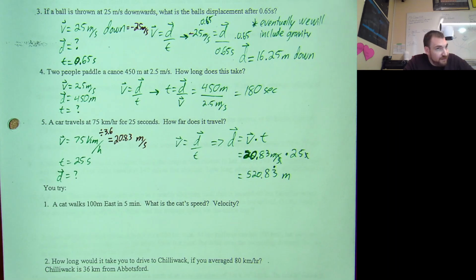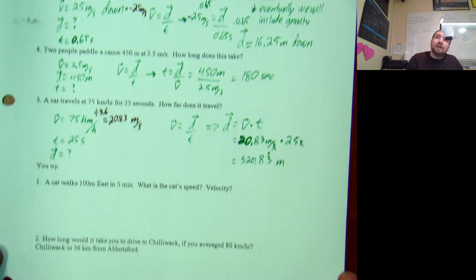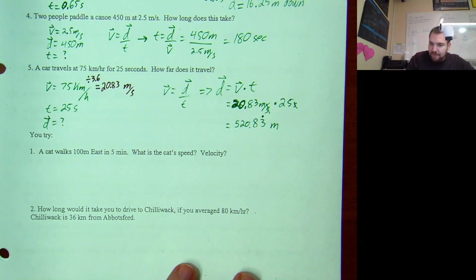Okay. If there are none, I want you to do some stuff here. There's 2 examples here. I'll give you the answers for them. I want you to try these things.